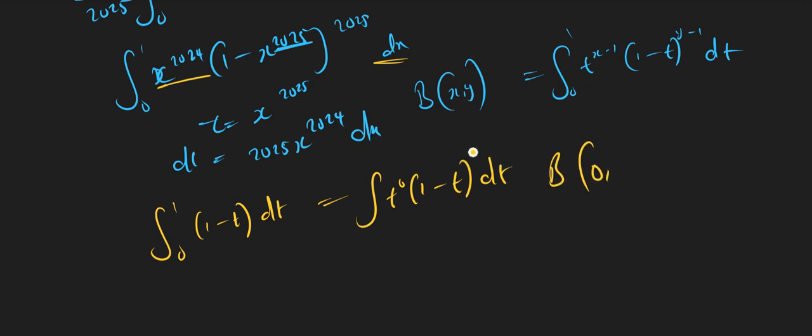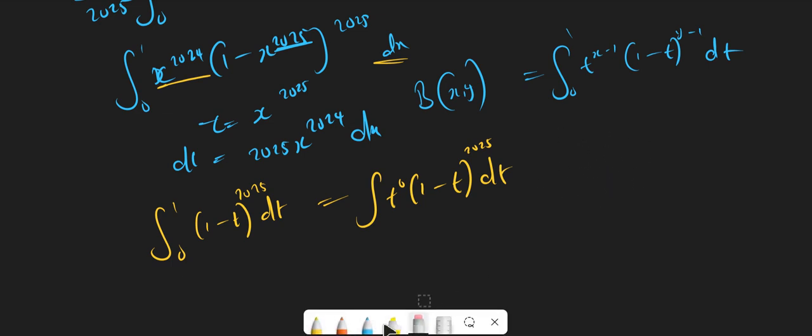Sorry, there is a factor of 2025 here. Of course. So this will be the beta of, no, not yet. Oh, this is not yet beta of something. We're going to write this in terms of t minus 1. So this is going to be the integral of t to the 1 minus 1, 1 minus t to the 2025 dt.